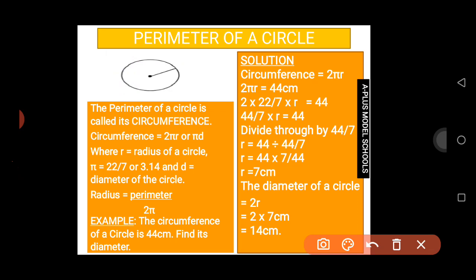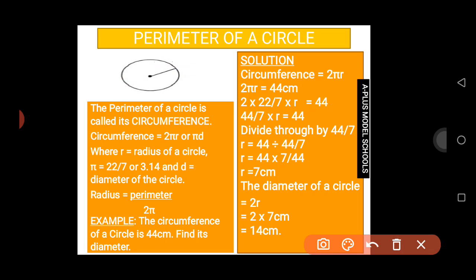So when you look at that shape very well, under the properties of a circle, we have learned what a radius is and what a diameter is. So we all know that a diameter is the line that divides this circle into 2 equal parts.